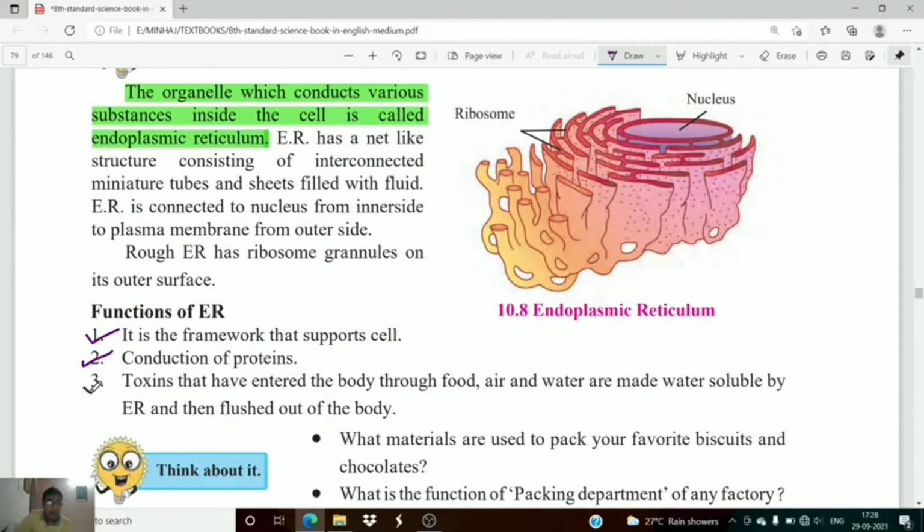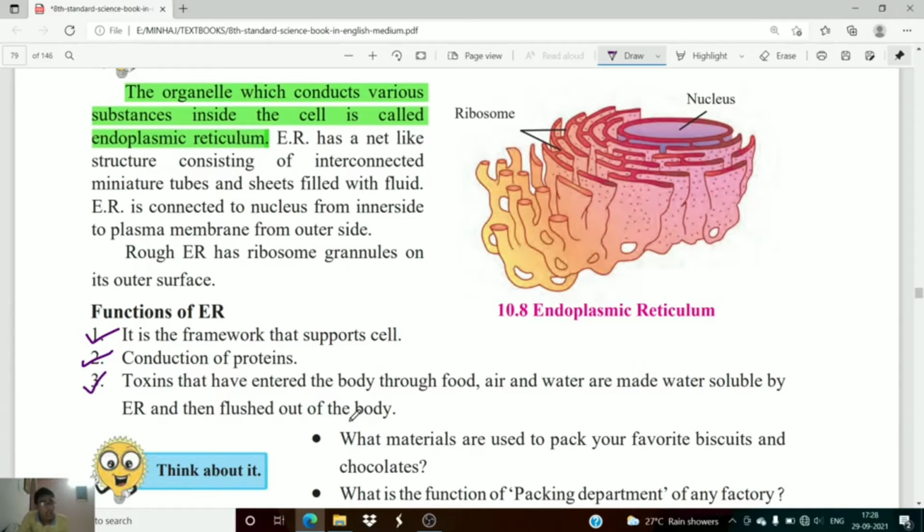The third function is that toxins that have entered the body through food, air and water are made water soluble by ER and then flushed out of the body. So suppose any kind of toxin or unwanted material has entered the cell via food, air or water, then that unwanted material or toxin will be eliminated by the endoplasmic reticulum.